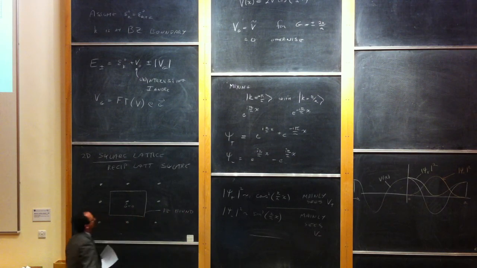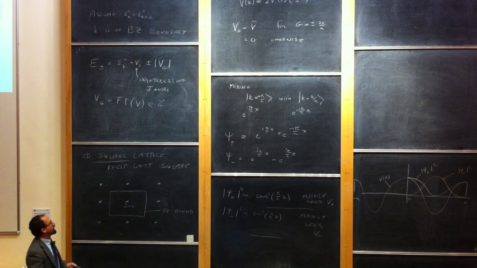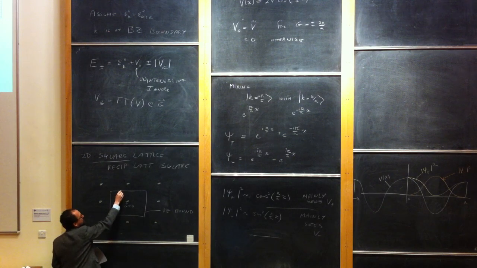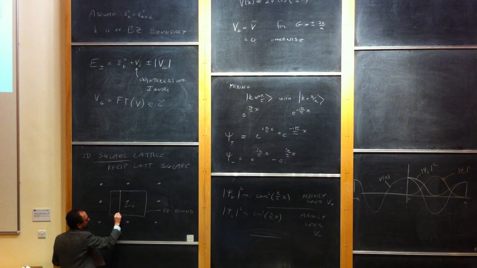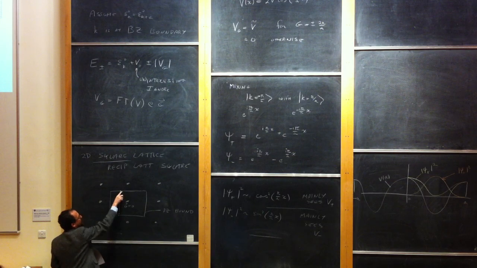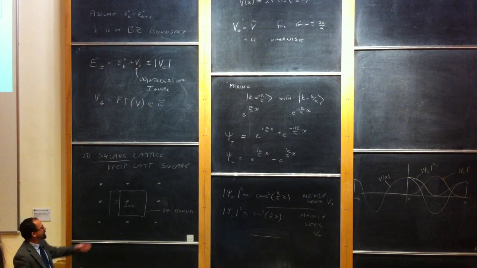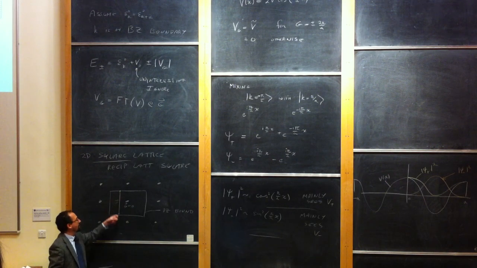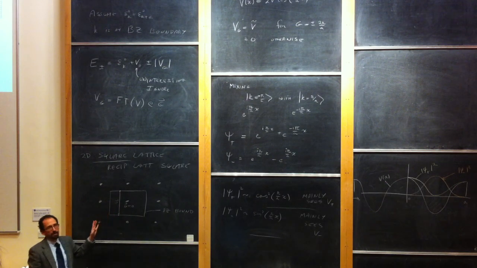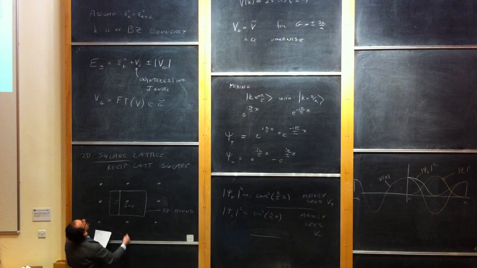Gaps will open up at the Brillouin zone boundary because for any point you choose on it, like here, there will be another point separated from it by some reciprocal lattice vector G. So the k state here and the k state here will mix into each other because of the Fourier component of the periodic potential at that wave vector. They'll mix with each other and open up a gap exactly the same way as in 1 dimension.